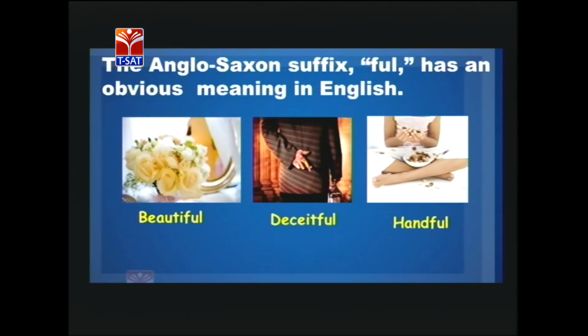So the meanings of these words: beautiful, full of beauty; deceitful, full of deceit, like dishonest, unfair; handful, full of hands. So these words come from the Anglo-Saxon suffix full.